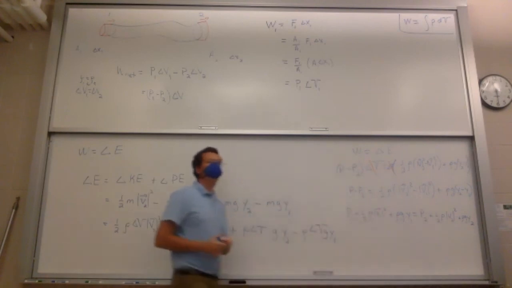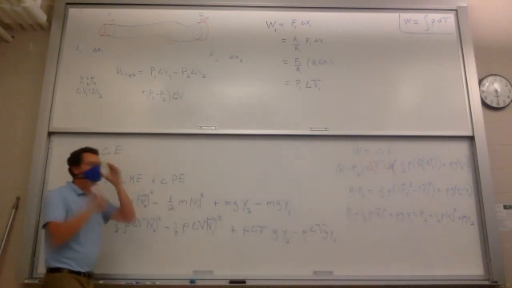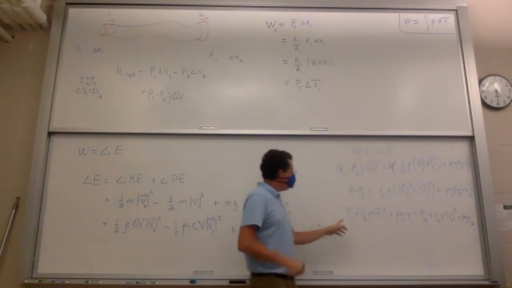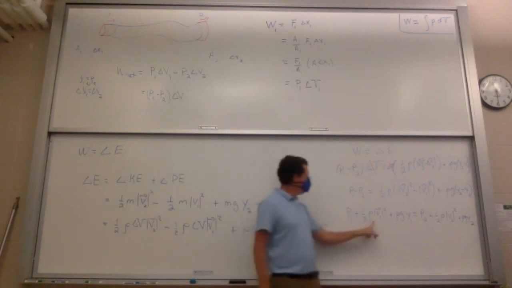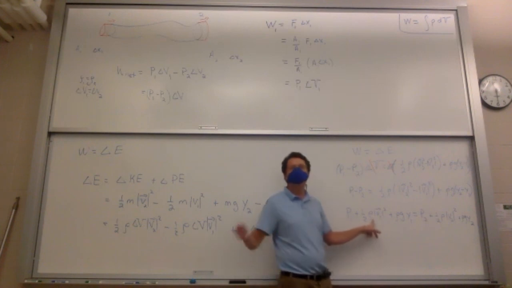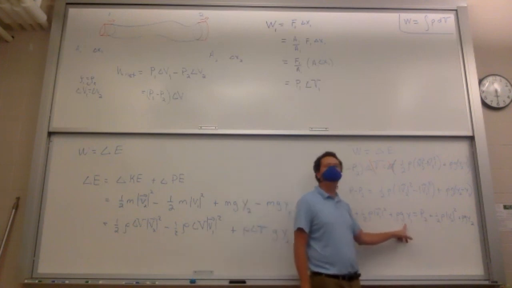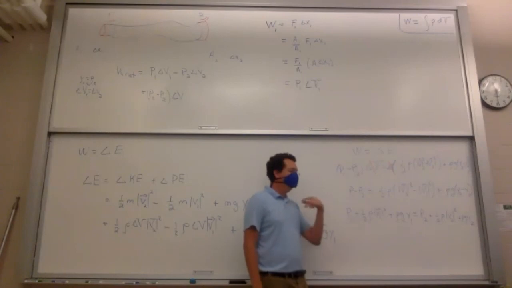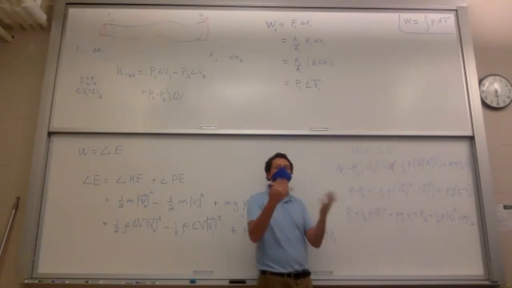I find that that's an easy way to remember it. So that I can always remember there's going to be a pressure term, there's going to be a kinetic energy kind of term. It isn't mass, it's density, but okay, whatever. And there's a potential energy term. I can remember that.